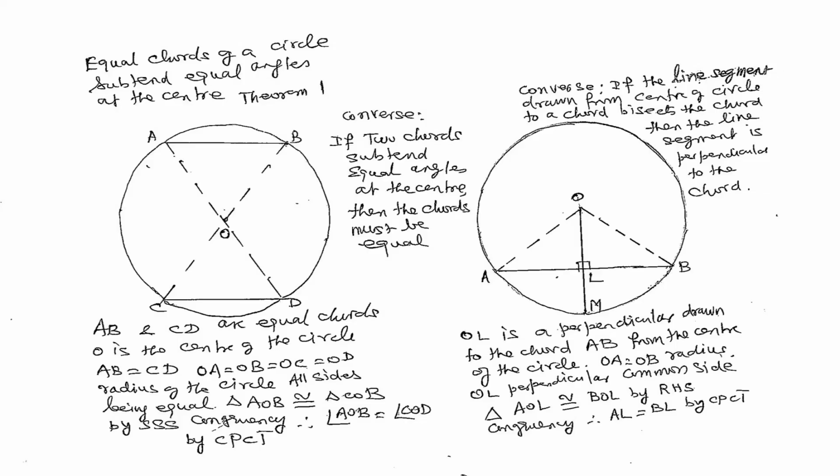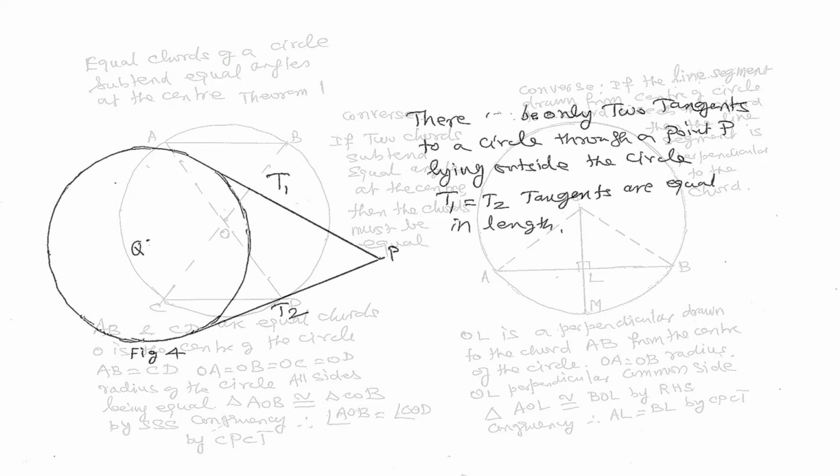Therefore, AL is equal to BL by CPCT. That means the perpendicular drawn from the center of a circle to the chord bisects the chord. The converse theorem is that if the line segment drawn from the center of a circle to a chord bisects the chord, then the line segment is perpendicular to the chord.